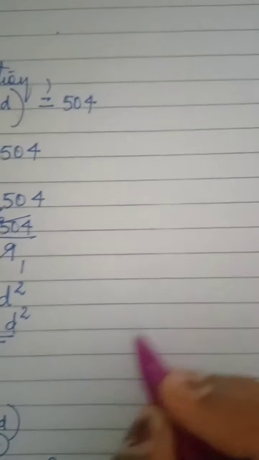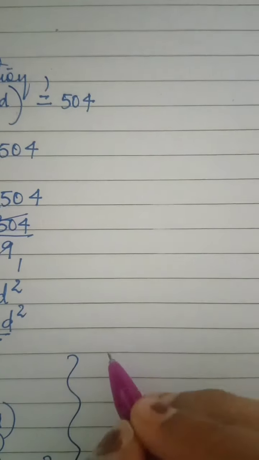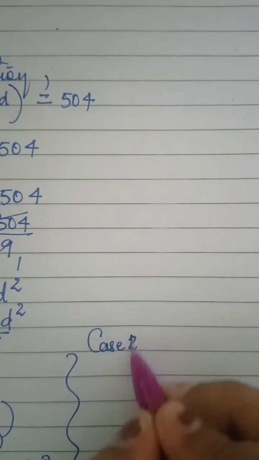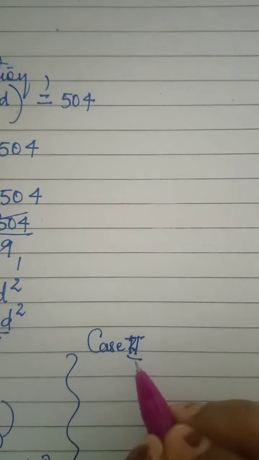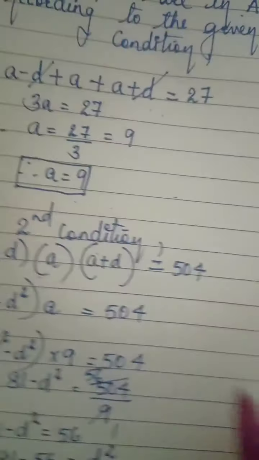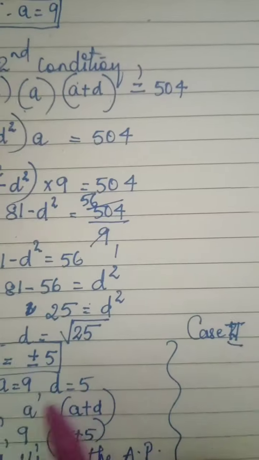You have one more case here. Let me write that here. Case 2. First I took the Roman numeral 1, so here also Roman numeral 2. A will be the same as 9, you have only one value of A. Whereas D, now I will take minus 5.